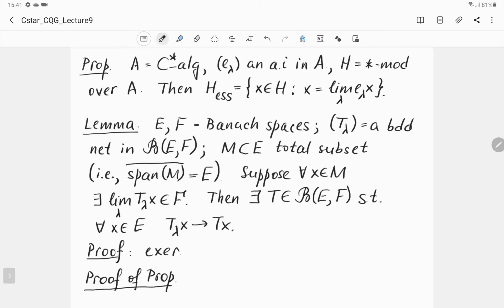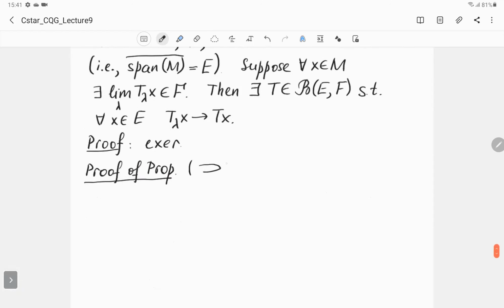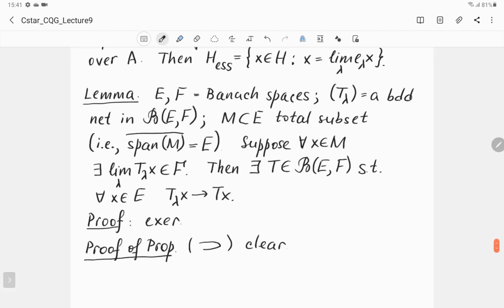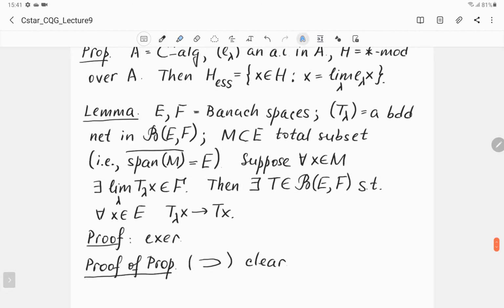Well, the one-way inclusion is clear. Clearly, the right-hand side is contained in the left-hand side. So if x is equal to this limit, then of course it is in the essential part.